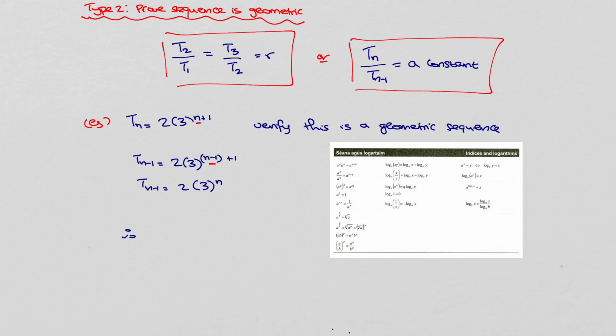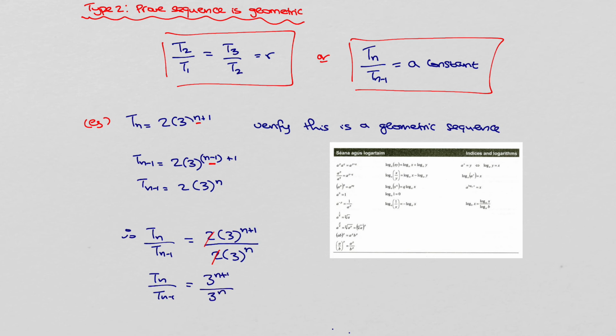And therefore if I take t of n and I divide it by t of n minus 1, I have 2 times 3 to the power of n plus 1 divided by 2 times 3 to the power of n. So 2 will divide into 2, and then what we have is 3 to the power of n plus 1 divided by 3 to the power of n.